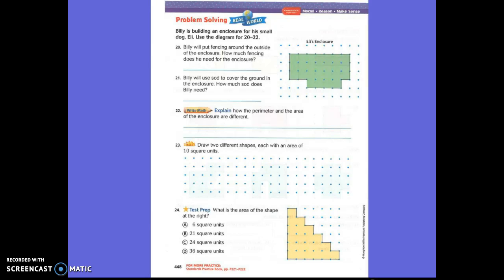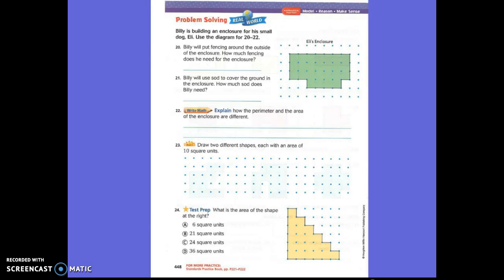Number 20 says, Billy will put fencing, remember what fencing means, around the outside. What are all those words telling you? That is perimeter. You are finding perimeter. He's trying to find fencing on the outside around the enclosure. How much fencing will he need?